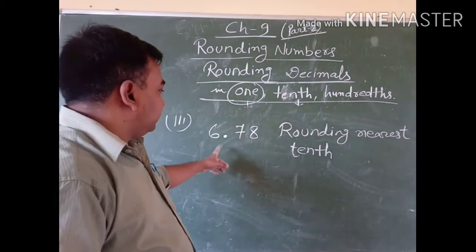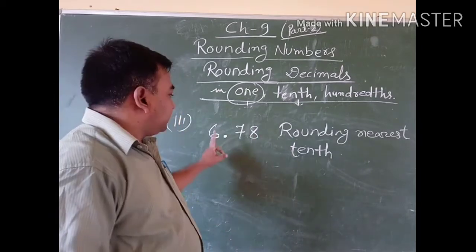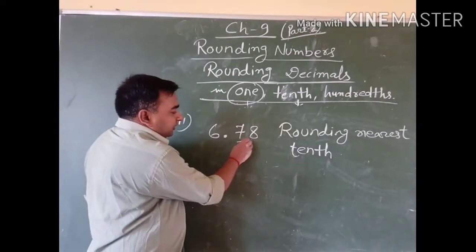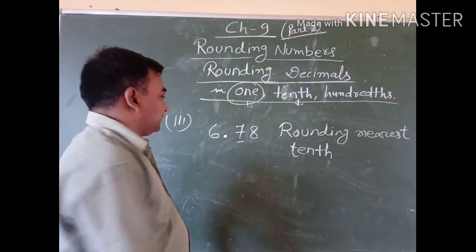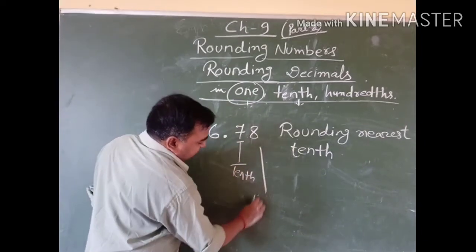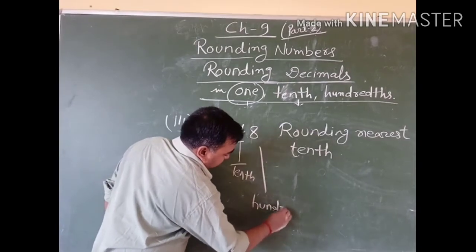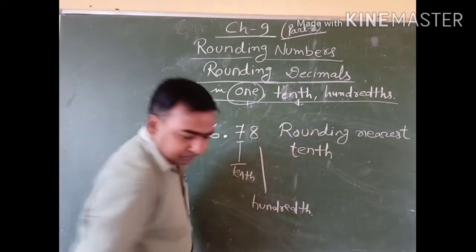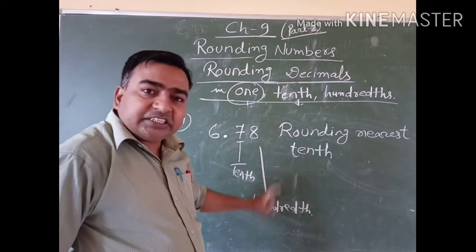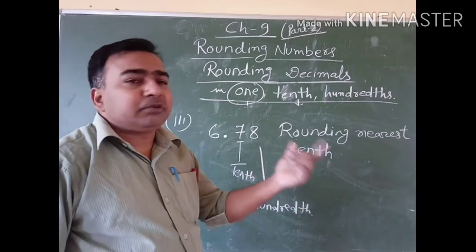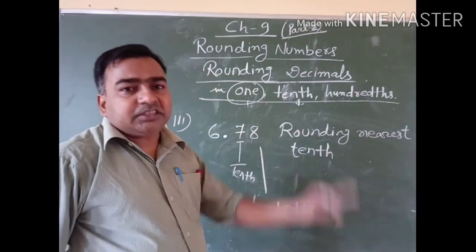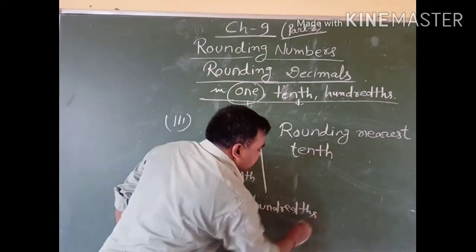So what is the question? 6.78, and you can see that the first number is 7. This is the 10th and this is the 100th. इस तरह ही काउंटिंग करते हैं, डेसिमल नंबर को 1 से स्टार्ट नहीं करते, 10th, 100, 1000 से स्टार्ट करते हैं, लाइक दिस.